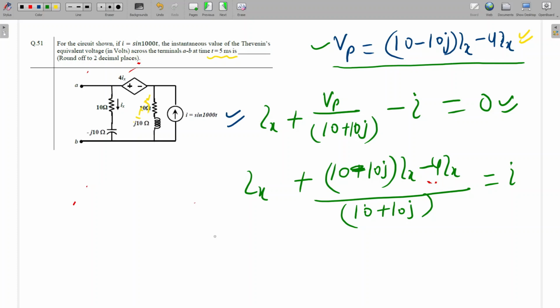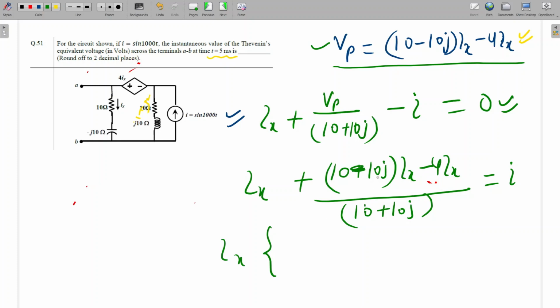So Ix we can take common here. If we are taking Ix common, what will be the value? Can anyone tell?